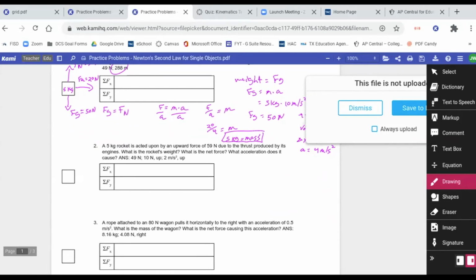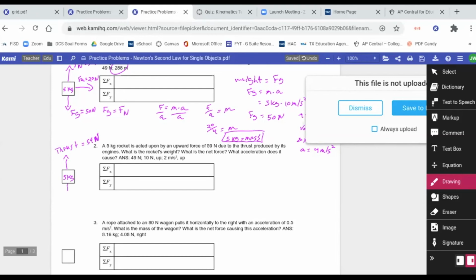Okay, let's take this one bit at a time. All right, so 5 kilograms, put that in the box. It's acted on by an upward force, so this is going upwards, and we're going to call this thrust. And it equals 59 newtons. Okay, and by its engines, what's the rocket's weight?